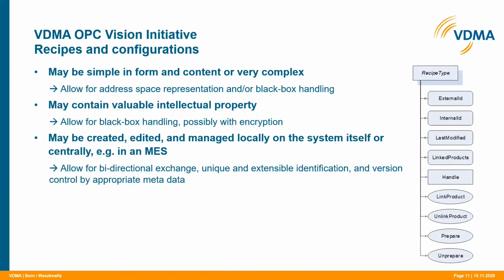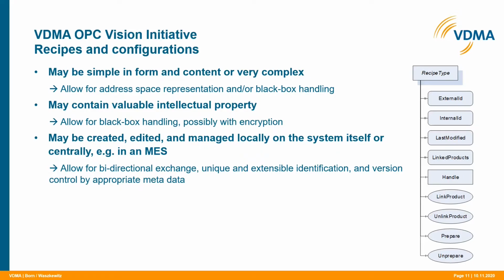We considered, and still consider, the task to standardize the actual contents of recipes and configurations over the vast variety of machine vision systems generally hopeless, as they range, like the vision systems themselves, from the very simple to the highly complex.